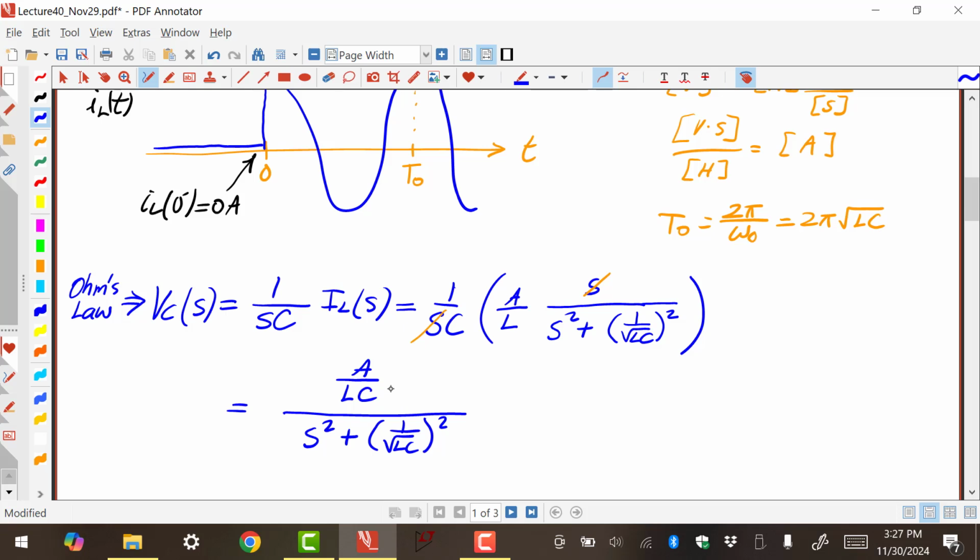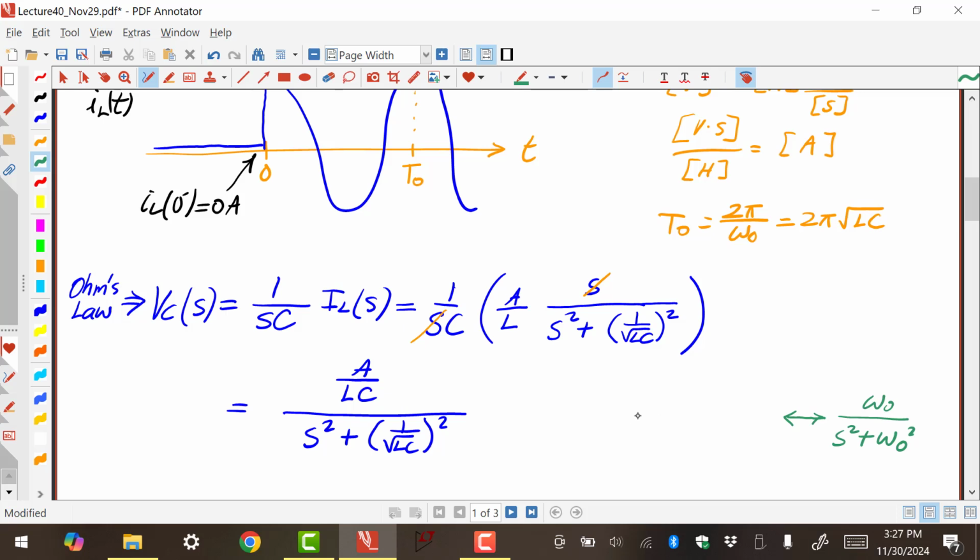Okay, so what does that look like? Well, there's another term in the table which corresponds to a sinusoid, just a sine wave, not a cosine, but a sine. And it looks like this. It has the form of omega naught divided by s squared plus omega naught squared. If you're not sure about it, you can just look it up in the first lecture in the series, or in any table.